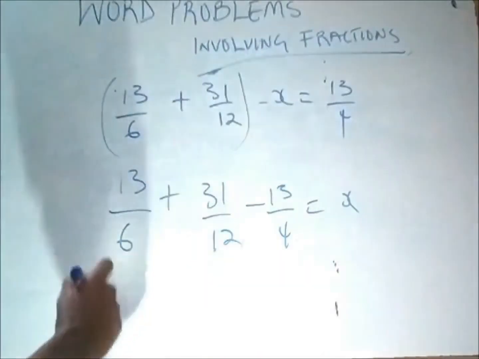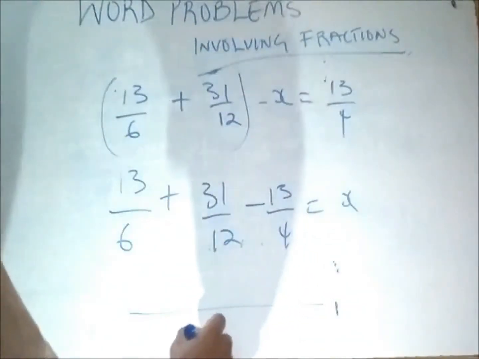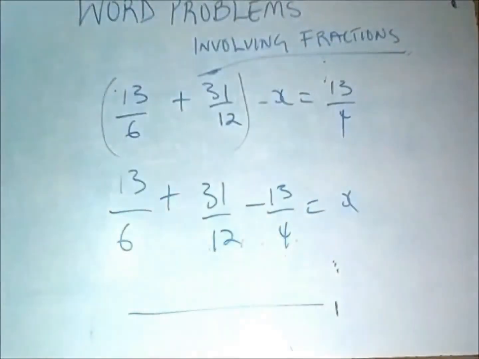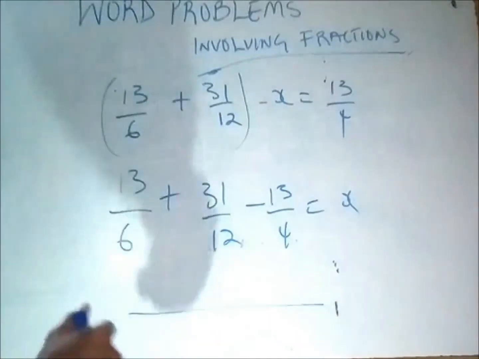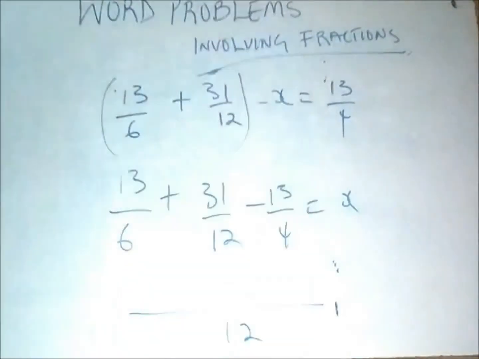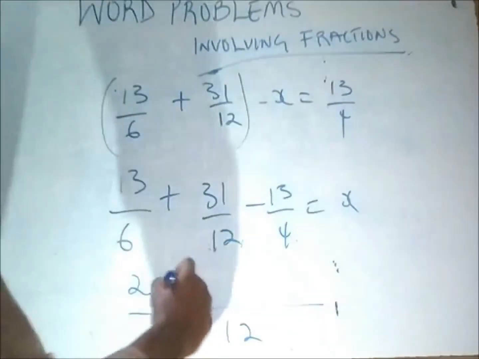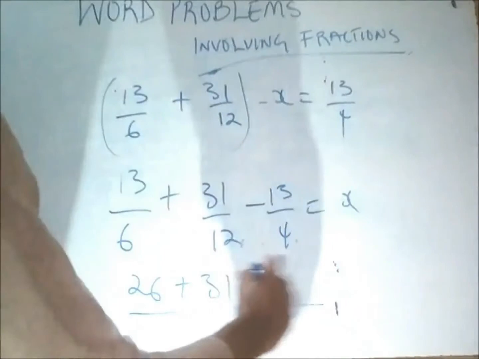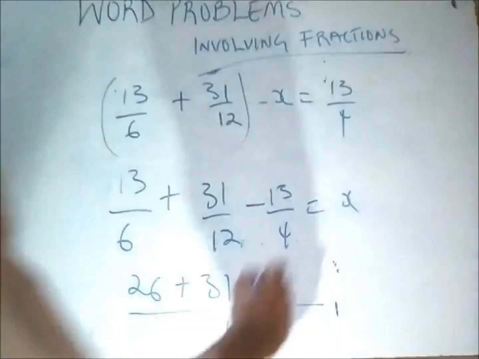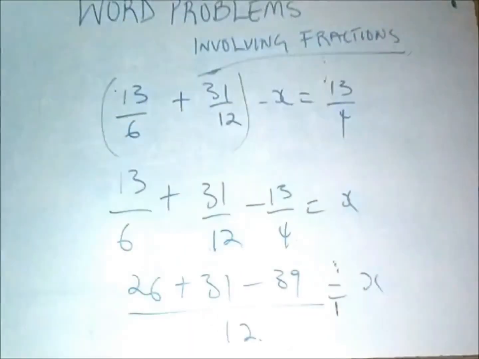If we find the LCM here, we have 12 as the LCM. So this will give us 2 times 13 is 26, plus 31, minus 3 times 13 is 39, equal to x.